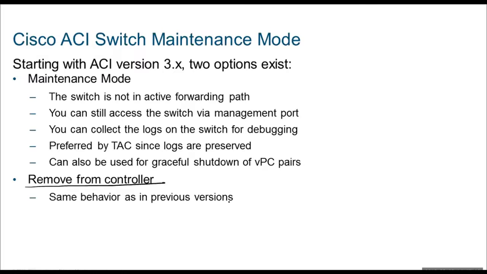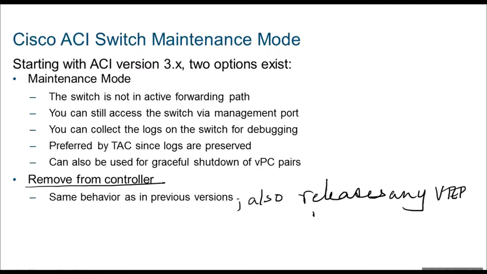It will not show in your topology. Also releases any VTEP IPs that were assigned. This is supported in both modes, prior to 3.x as well as 3 and later.